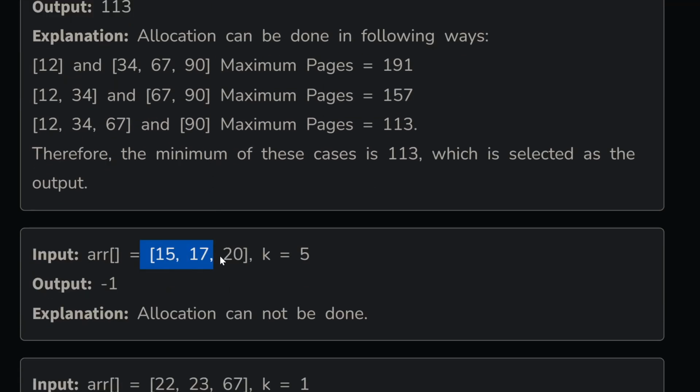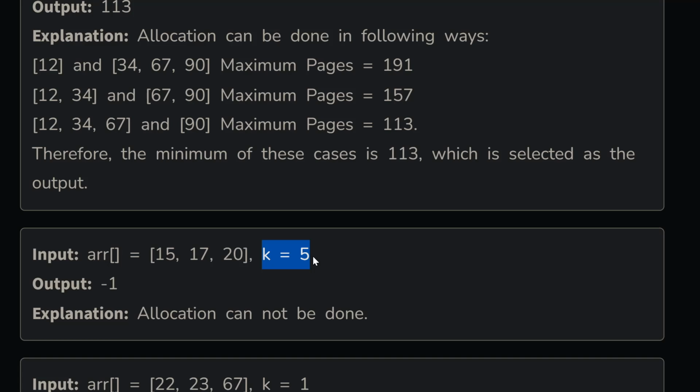And let's suppose we have only three books, but the number of students is more than three. Students is more than the array length. So each person will take at least one book, and we cannot allocate a single book to two different students.